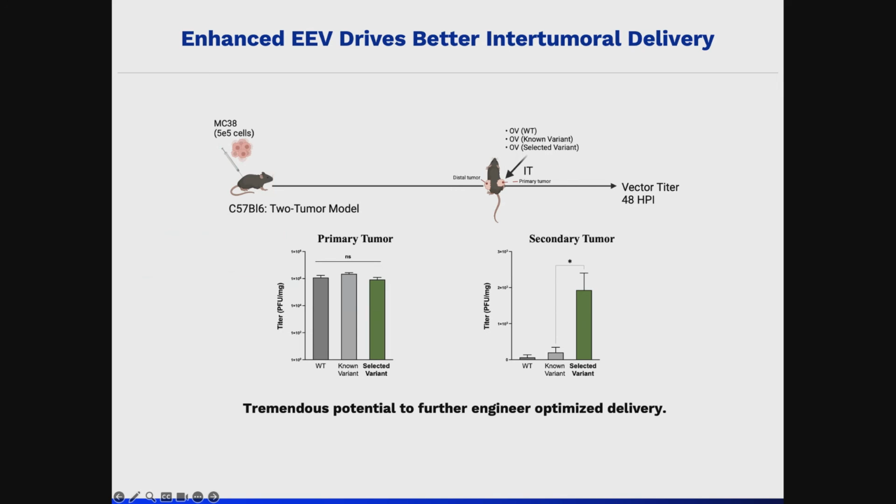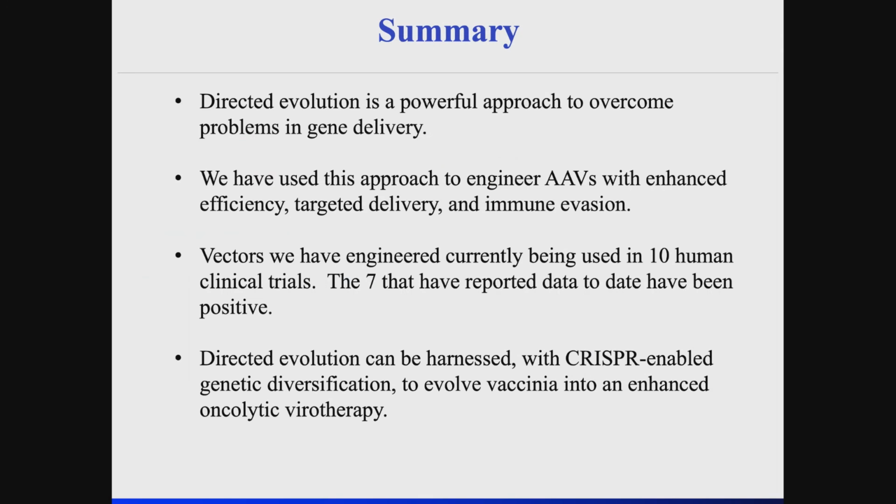But when we tested a later time point, we asked whether this virus spread within the primary tumor and to the secondary tumor. We can see that compared to the wild type or the known variant, there's a pretty substantial increase in the spread to the other tumor. Both of these, we hypothesize, are going to result in improved efficacy as this technology advances towards preclinical development.